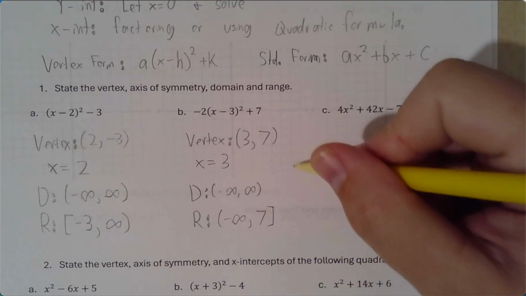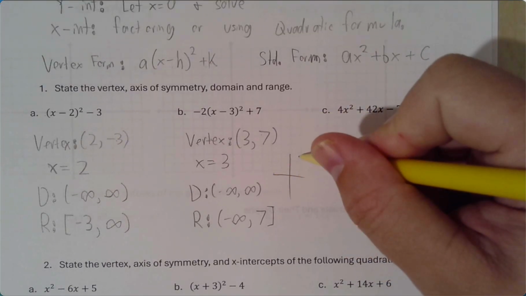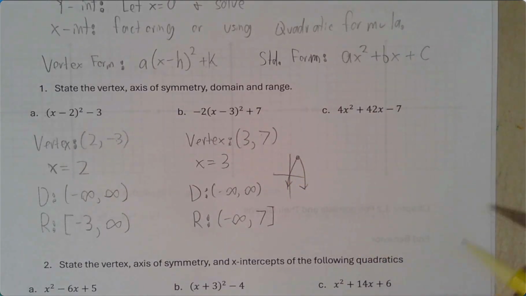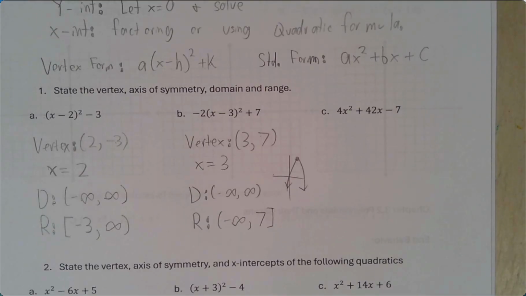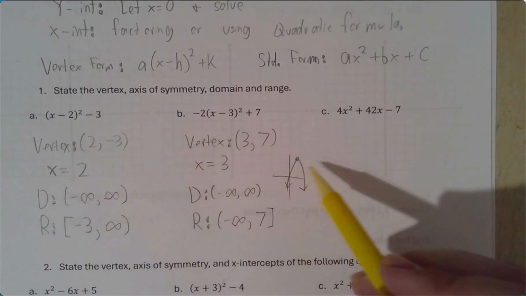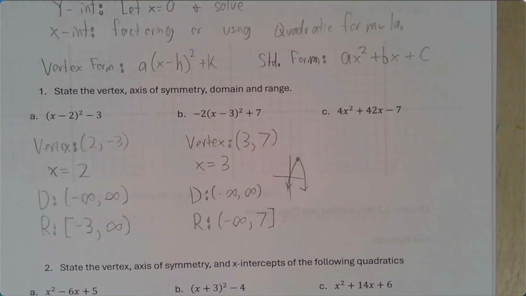So, in other words, whatever this graph looks like, just to draw shorthand, I guess it went right 3 up 7. It looks like that. Right? There's a really, really quick freehand, and not to scale, but I think you get the idea. And hopefully that shows you the range, that it is going down forever. Again, why is it opening down? Because there's a negative in front of the thing that gives the function its name.